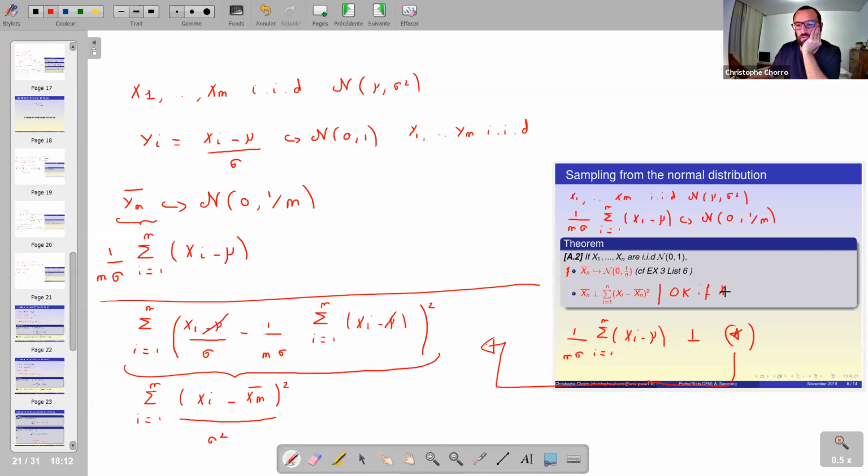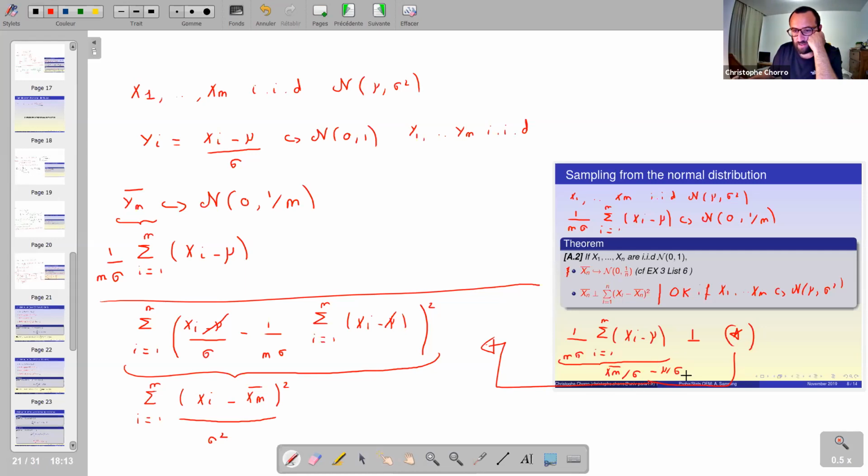This holds if X1, ..., Xn follow N(mu, sigma squared), according to my little computation, because I repeat that here you have just X̄n divided by sigma minus mu over sigma.